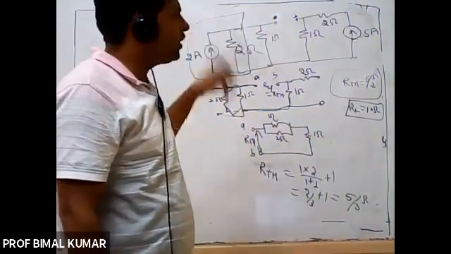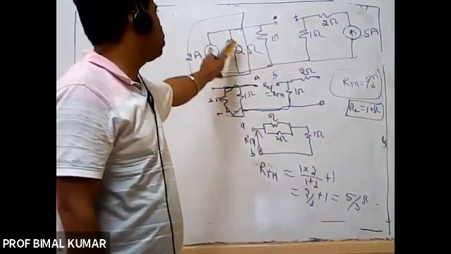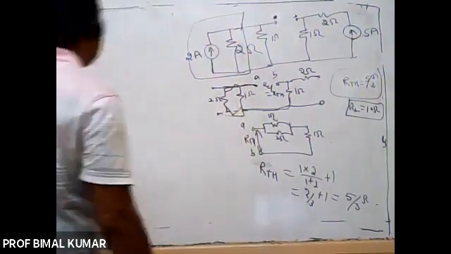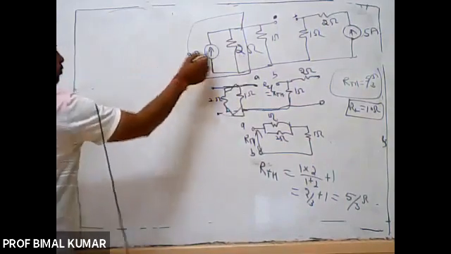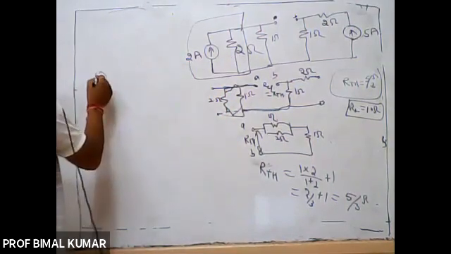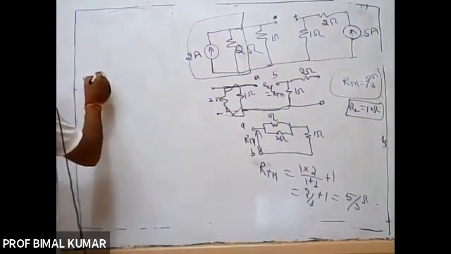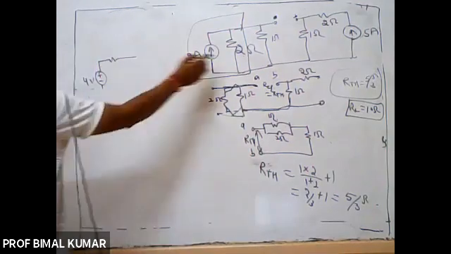Either you may apply KCL, but I want to change this current source because this is in parallel with resistance. So this may be converted into voltage source. So I into R, 2 ampere into 2 ohm, arrow is in the upward direction. So 4 volt voltage source, with it this 2 ohm resistance which is in parallel.